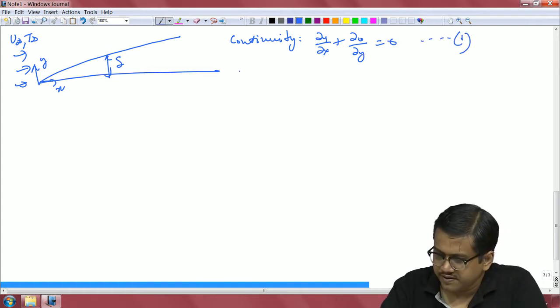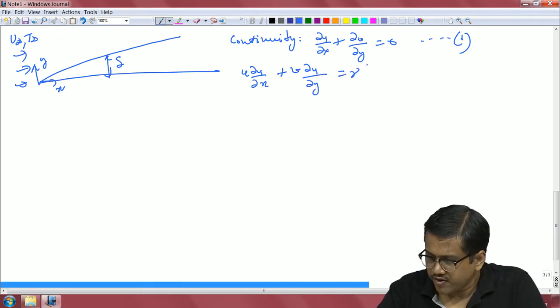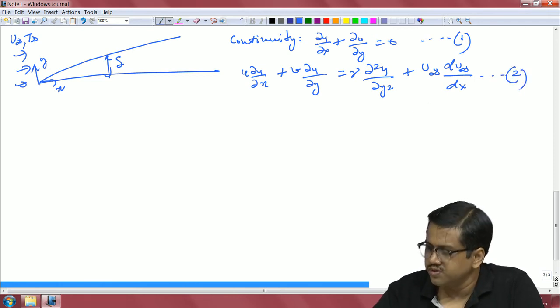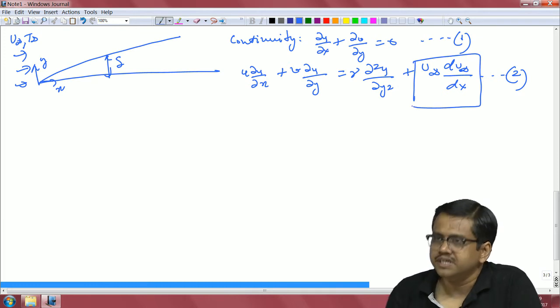The x momentum is u du/dx plus v du/dy. I will tell you the origin of the last term, this is 2. The origin of the last term comes basically from the pressure gradient, right.